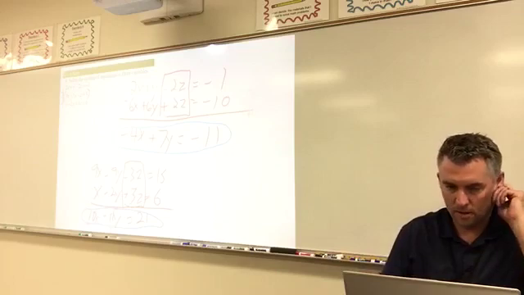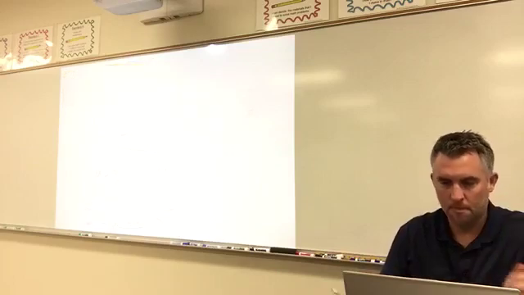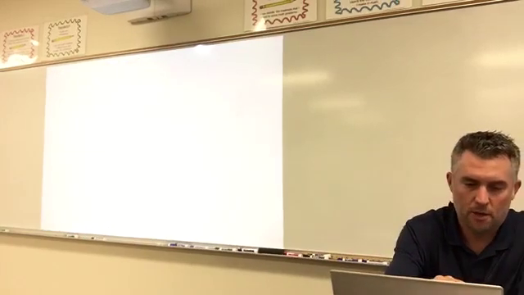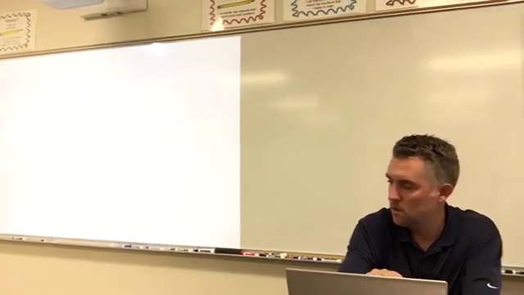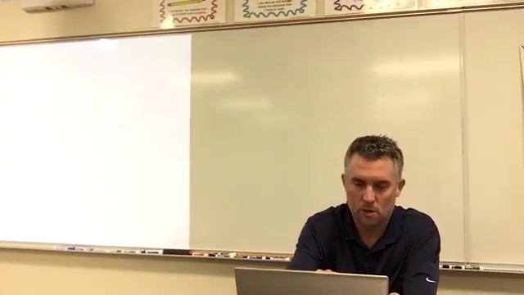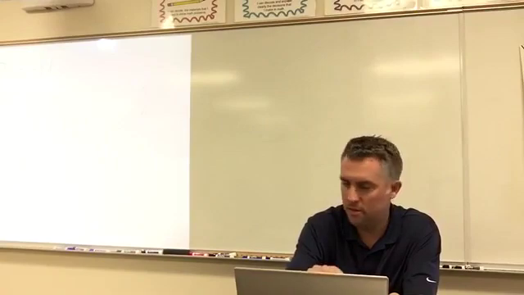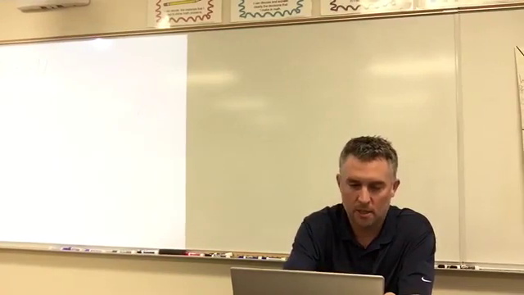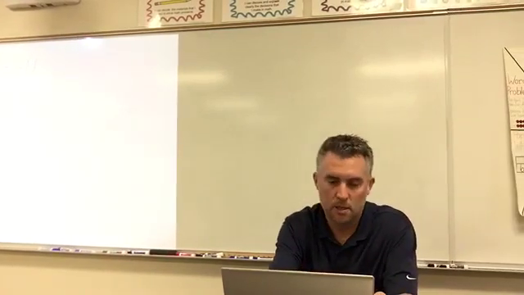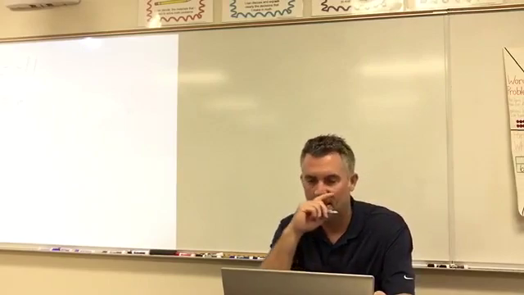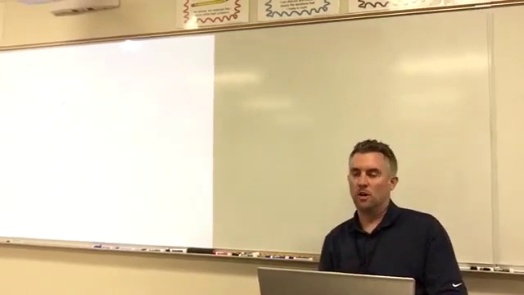I'm going to rewrite these equations here. So we had negative 4x plus 7y equals negative 11. And we had 10x minus 11y equals 21. So you got to ask yourself, do I want to eliminate?